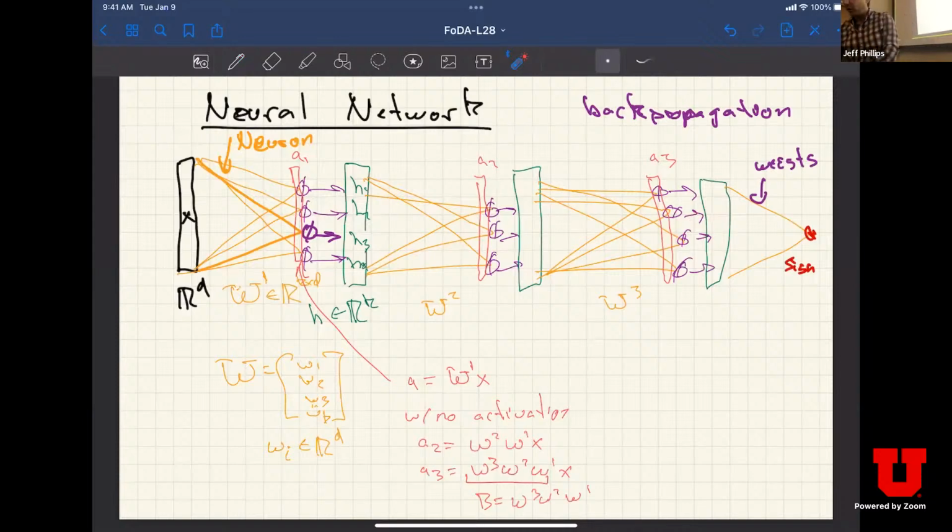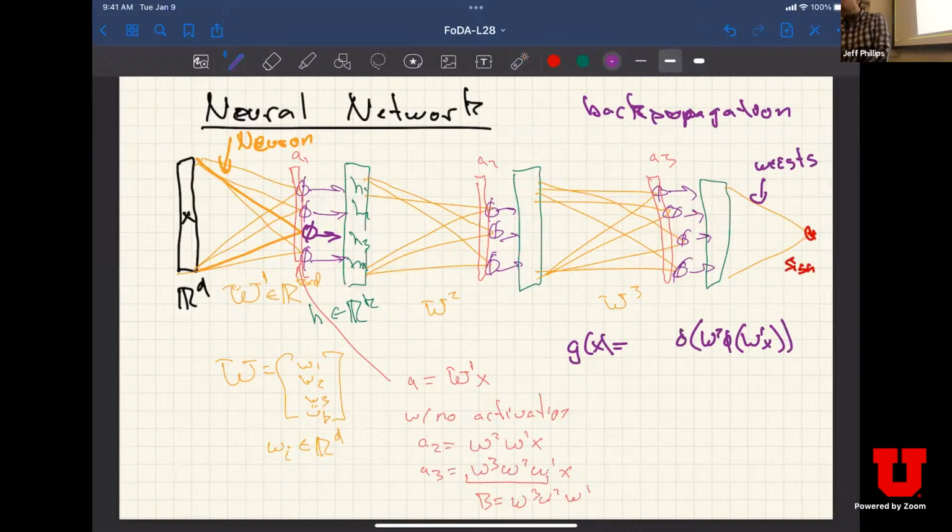Okay, and so what you end up getting is a function. This g of x function looks like w1 of x times some activation function, times w2 of the output of that activation function, right?